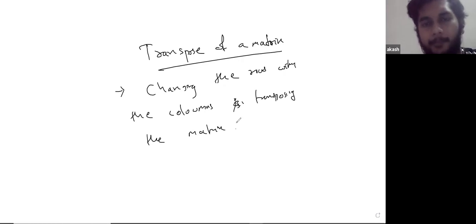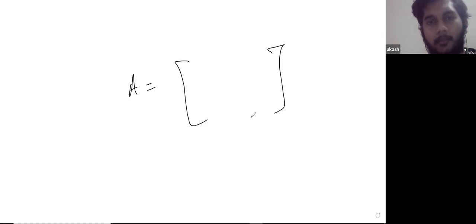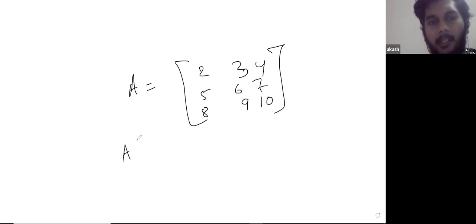All right. Let me give an example. If there is a matrix A: 2 3 4, 5 6 7, 8 9 10. Then A transpose, we write it like this: A T, where T is the superscript.